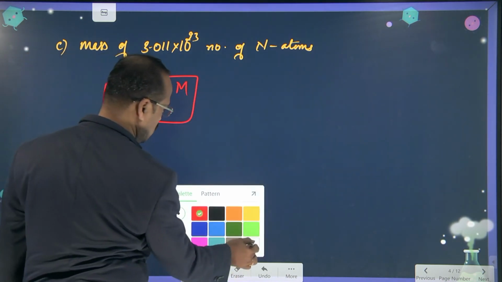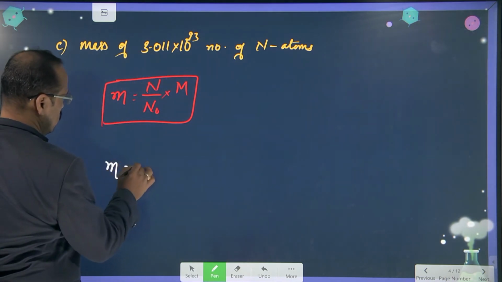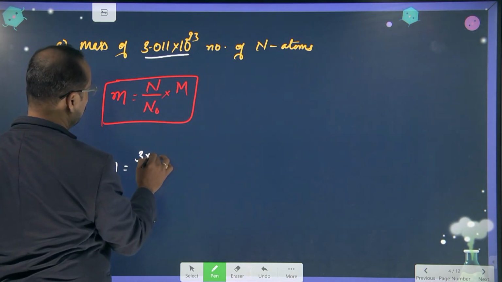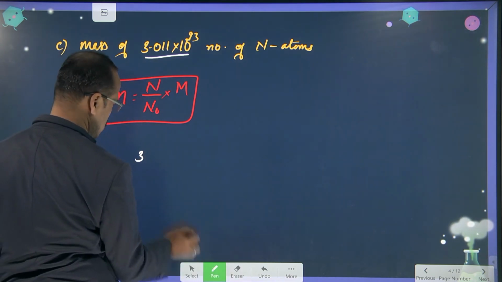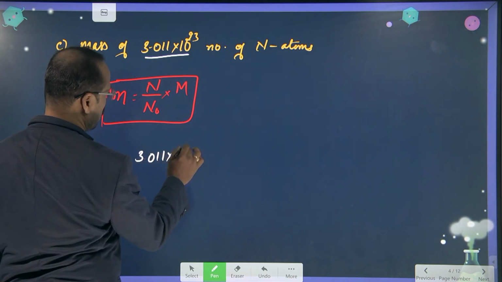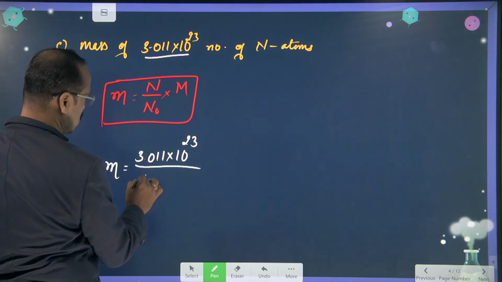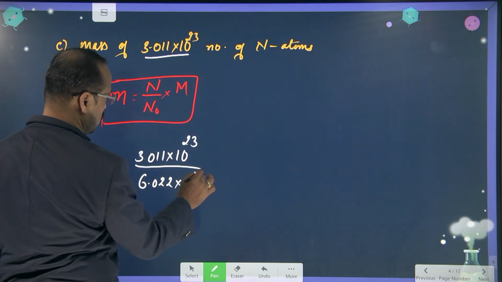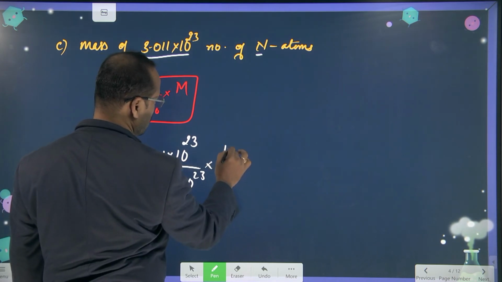Apply this formula here. So then m is equal to N, this number, 3.011 into 10 to the power of 23, divided by N naught. N naught means Avogadro's number, 6.022 into 10 to the power of 23, into nitrogen atom, whose atomic mass is 14.